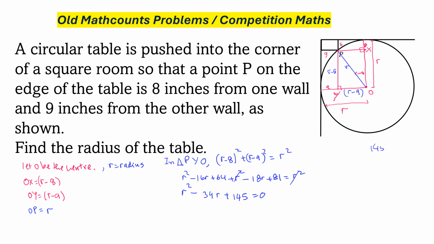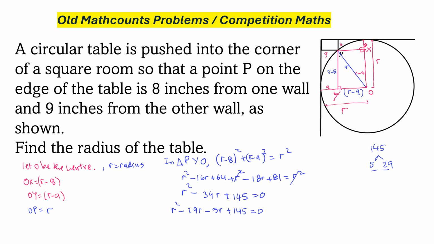So we need to factorize this. 145, I do 5 times 29. So 29 and 5 add to give me 34 and multiply to give me 145. So hence I can write R squared minus 29R minus 5R plus 145 is equal to 0.